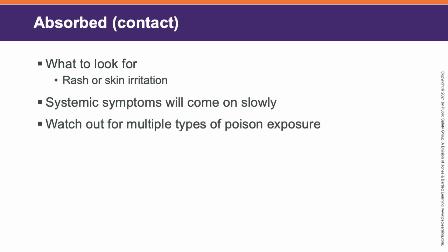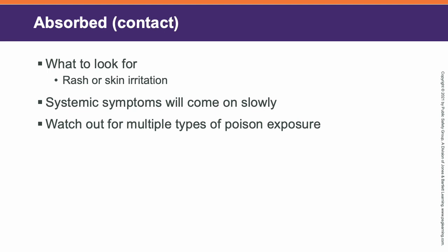As far as absorbed poisons, things to look for, they'll likely have a rash or a skin irritation because it will have contacted their skin directly. Systemic symptoms come on really slowly. Our skin is a very thick barrier and does a good job of keeping bad things out of our body. But if somebody was exposed to a poisonous or toxic substance for a long time, it will start to get absorbed through the skin.